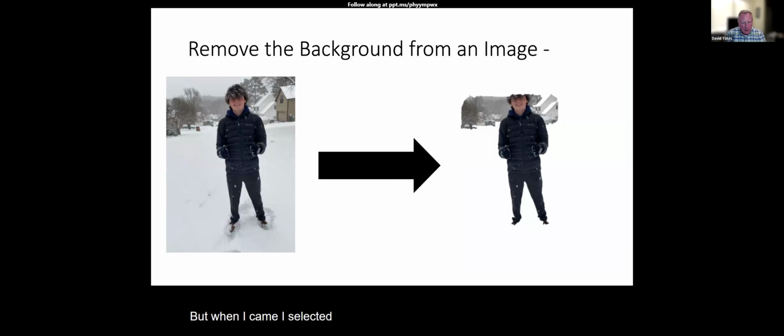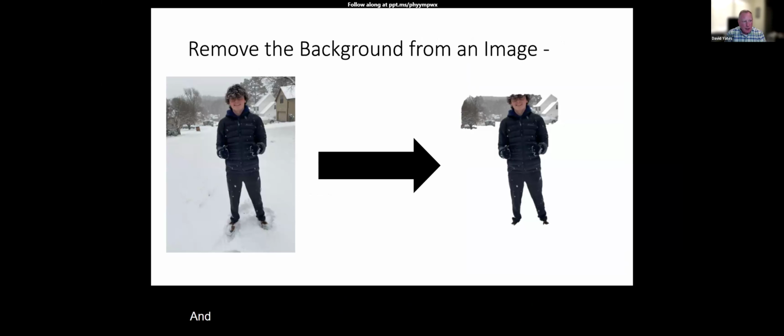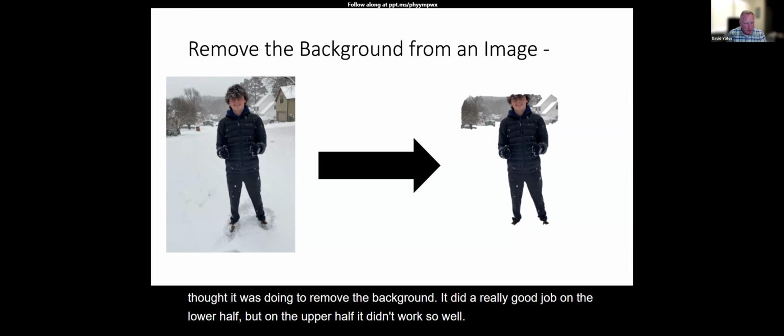I clicked the picture tab and then the picture format and said remove background. And what you see on the right-hand side is what Microsoft PowerPoint thought it was doing to remove the background. It did a really good job on the lower half, but on the upper half, it didn't work so well.